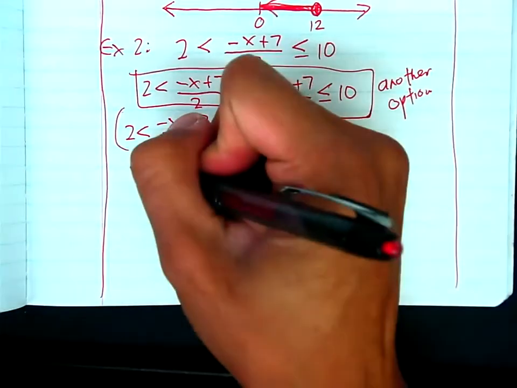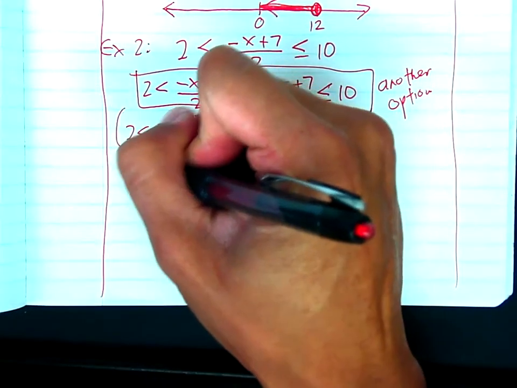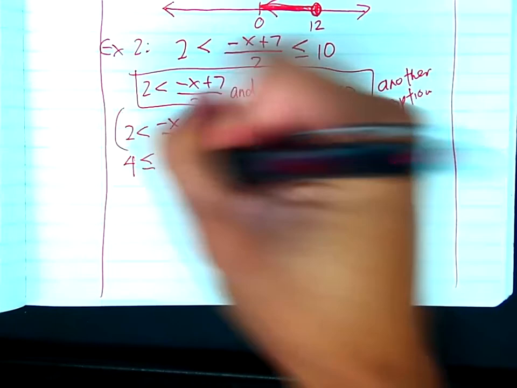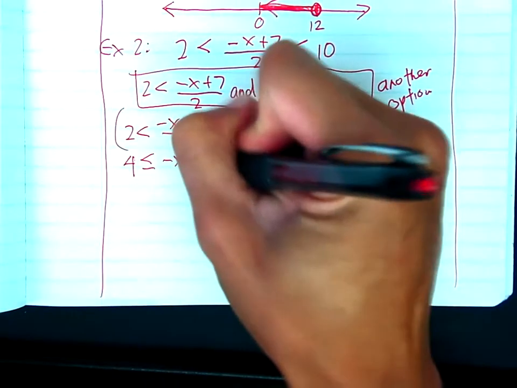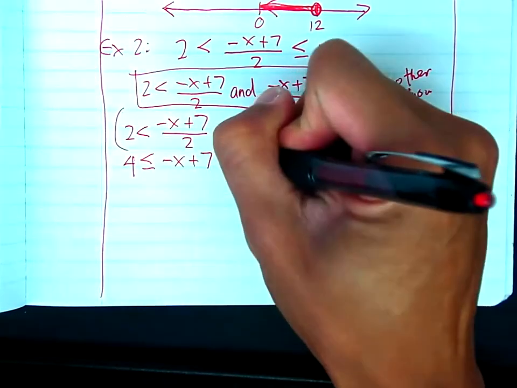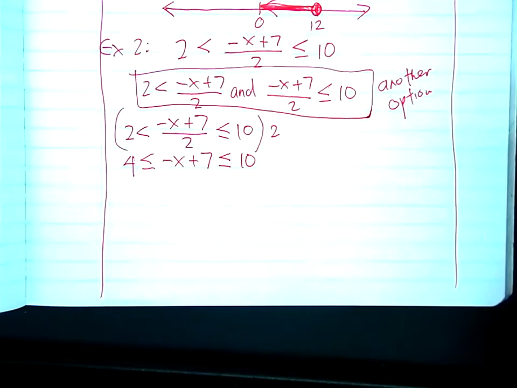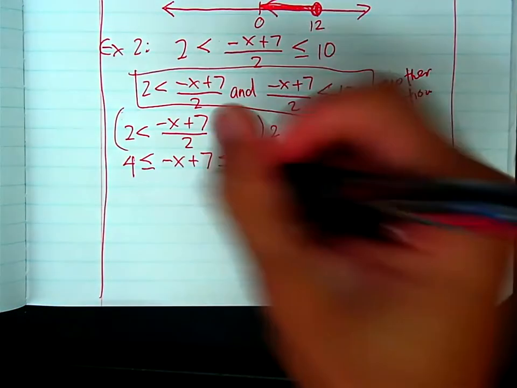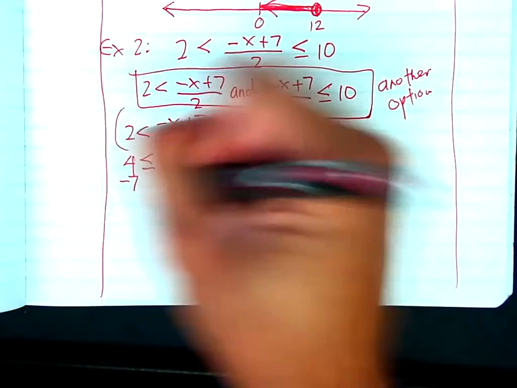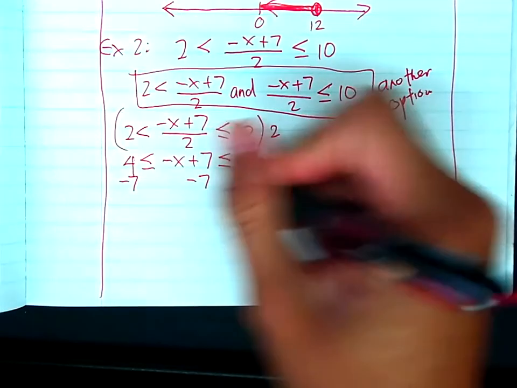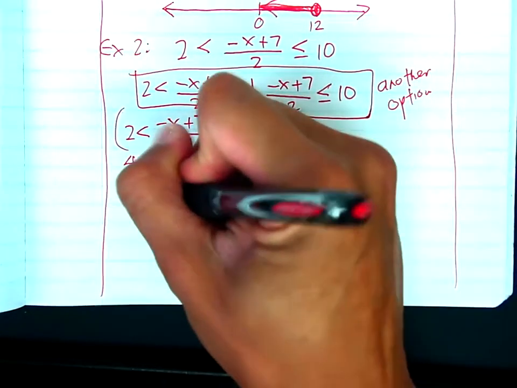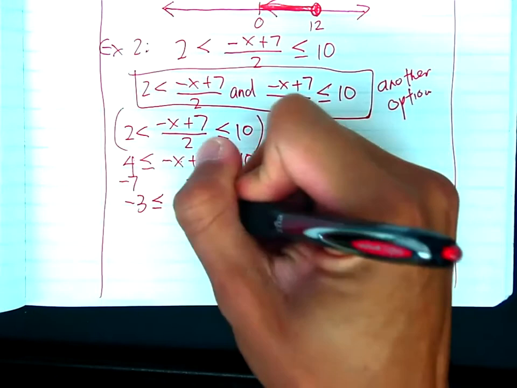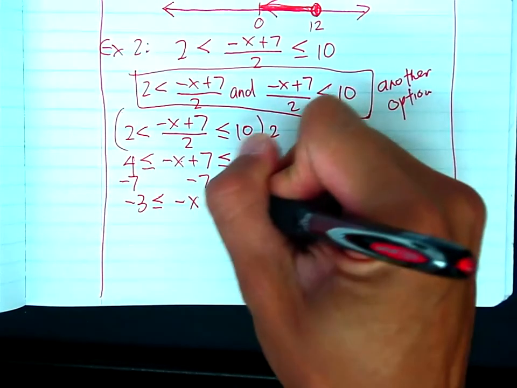Then I will end up with 4 is less than negative x plus 7, that 2 goes away obviously, is less than or equal to 20. Then I'm going to subtract 7, and I have to remember to do it to 3 sides because there are 3 sides. So it'll be negative 3 is less than negative x is less than or equal to 3.